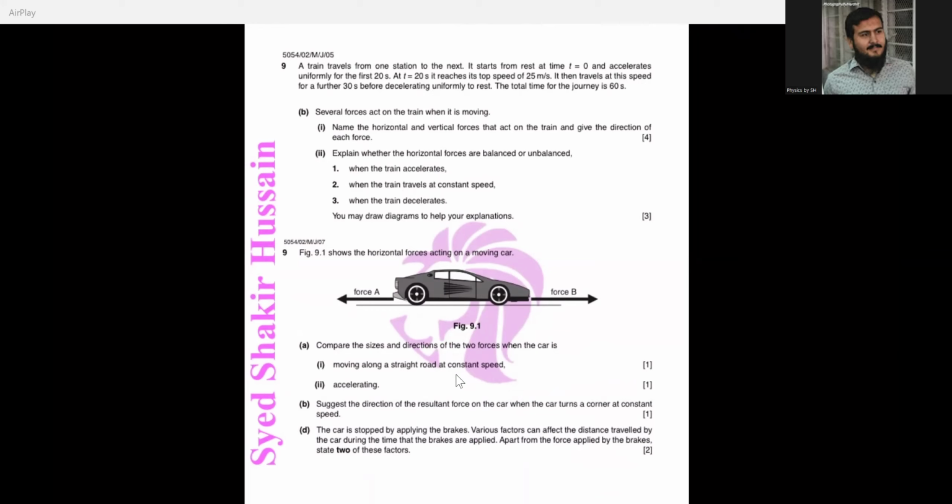It then travels at this speed for a further 30 seconds before decelerating uniformly to rest. The total time for the journey is 60 seconds. Several forces act on the train when it is moving. Name the horizontal and vertical forces that act on the train and give the direction of each force.